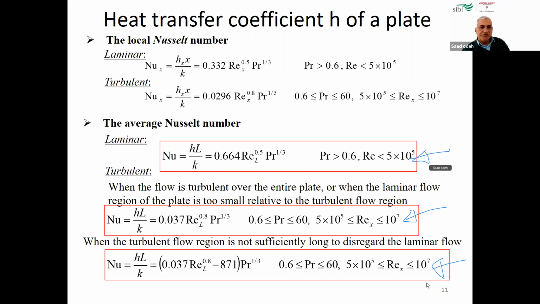Okay, so it's straightforward. Once you know what type of flow you have, all you need to do is choose one of these equations and then find the Nusselt number. So once you find the Nusselt number, you know L, you know K, you can find h.